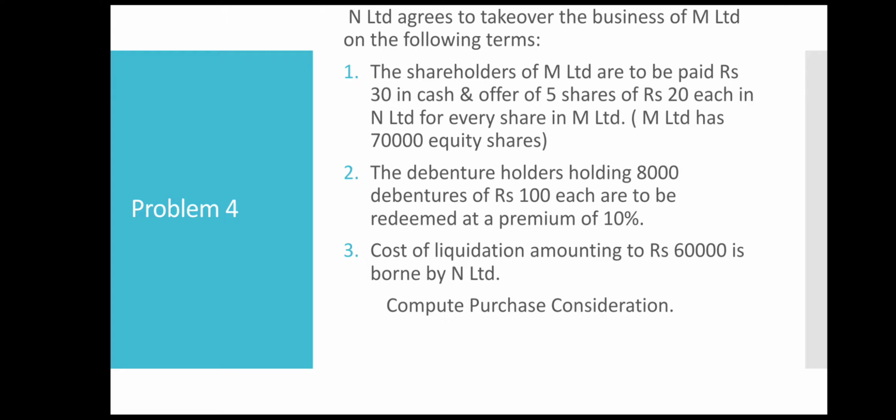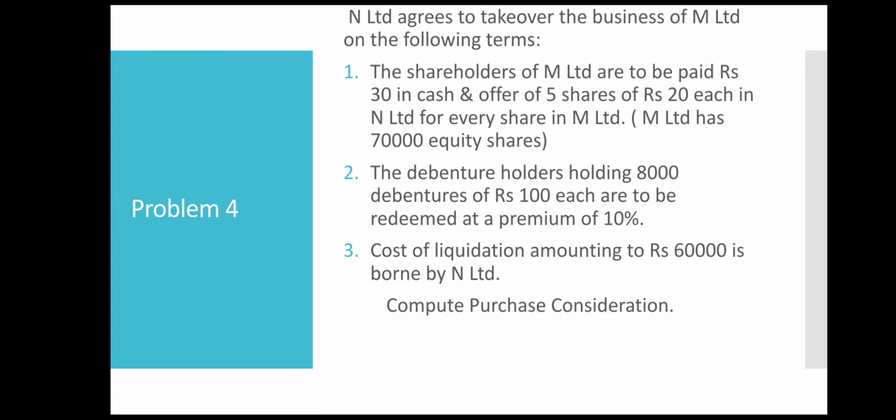N Limited agrees to take over the business of M Limited on the following terms. The shareholders of M Limited are to be paid rupees 30 in cash. An offer of 5 shares of rupees 20 each in N Limited for every share in M Limited.